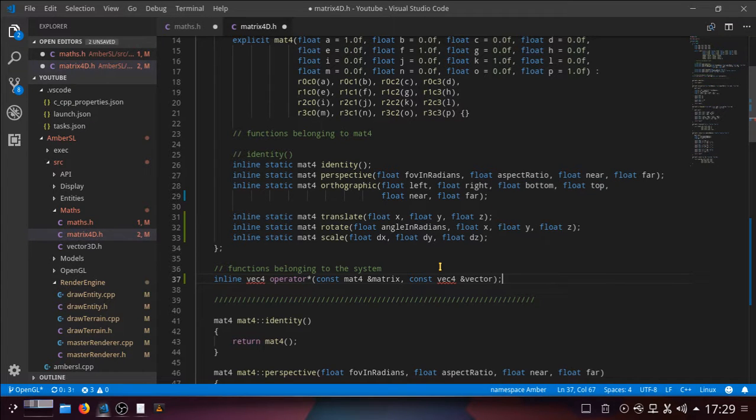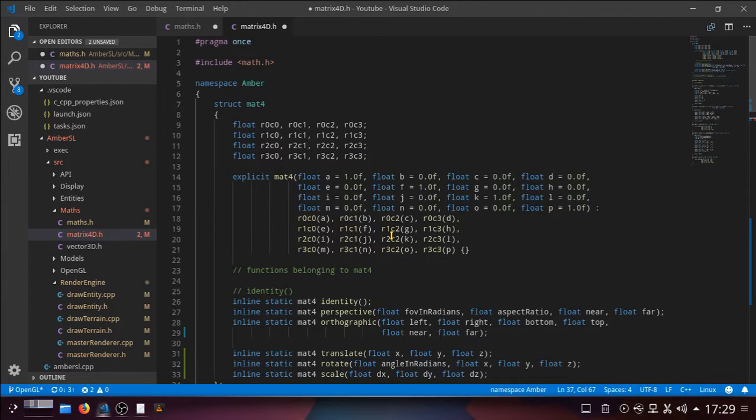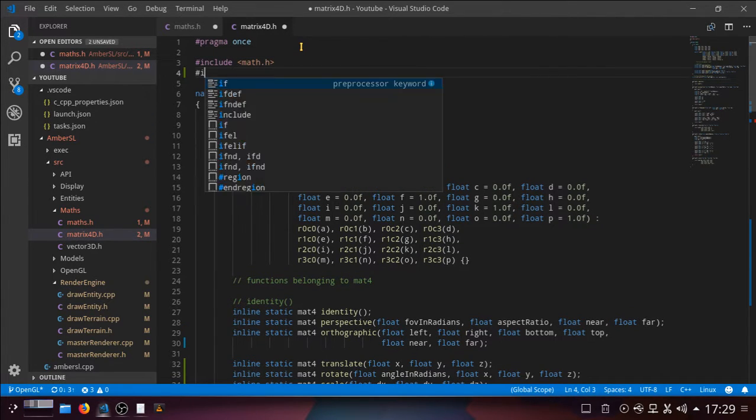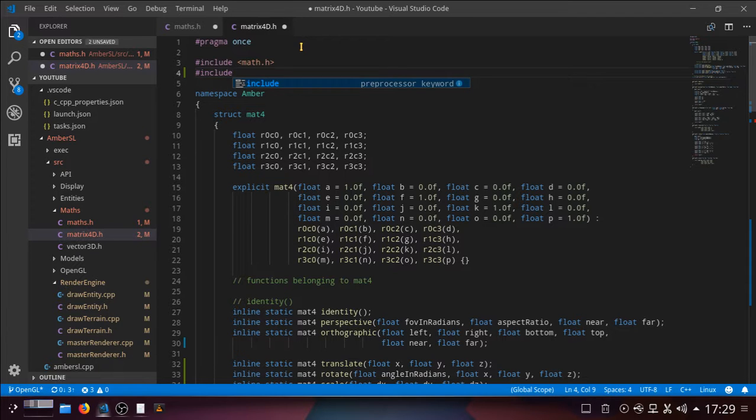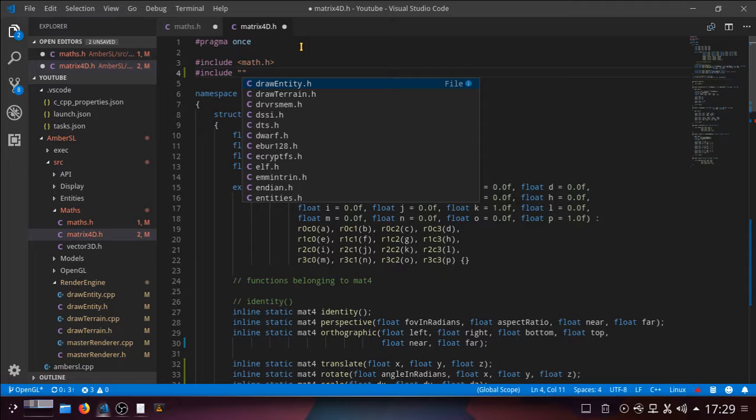I thought this was going to take over an hour. Vec4 I can't have. Why? We haven't got it included. No, I want the vector 3.